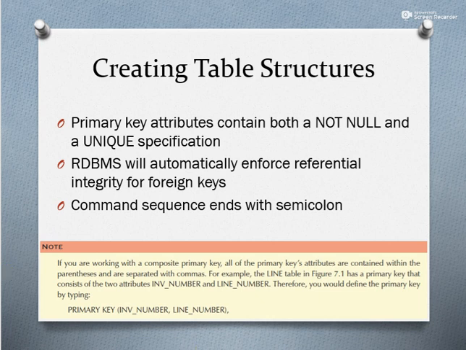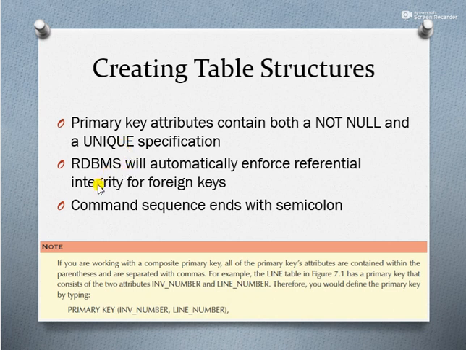There must be one attribute in the table that is the primary key attribute, and the primary key attribute must contain both specifications, NOT NULL and UNIQUE. Why? Because these are the properties of the primary key. A primary key must not be null and should be unique.